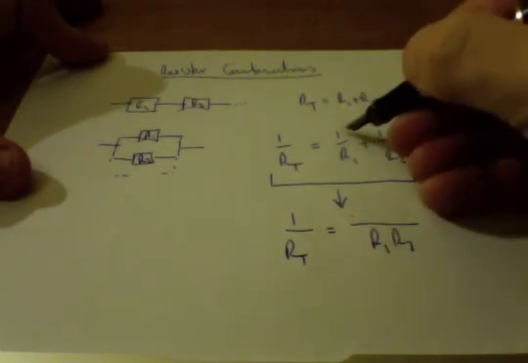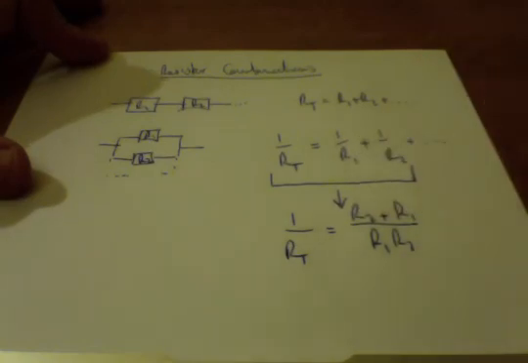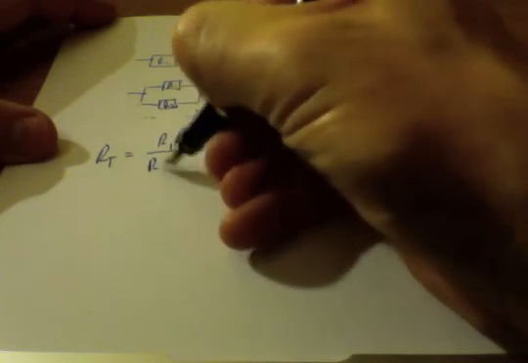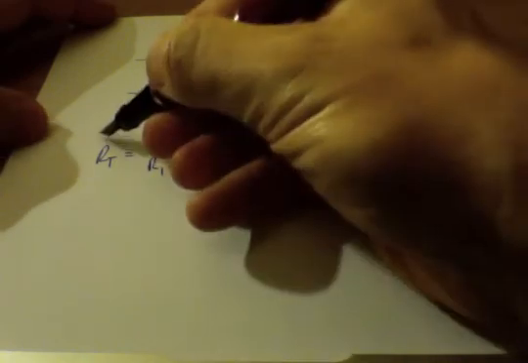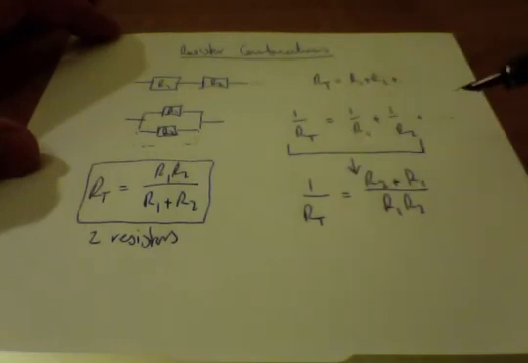That means this needs to be multiplied by R2, add it to R1. And the whole thing requires inversion, so R total, all of this inverts: R1 R2 over R1 plus R2. So that, for 2 resistors, is the equation for the combination.